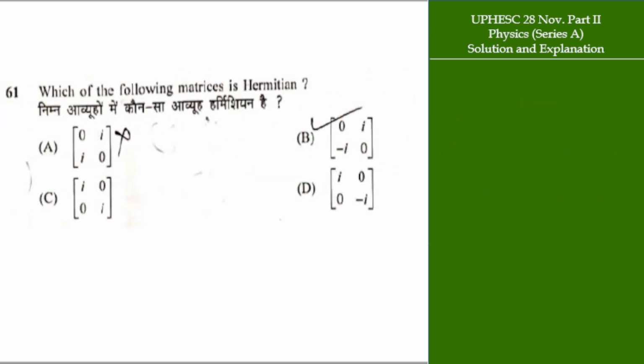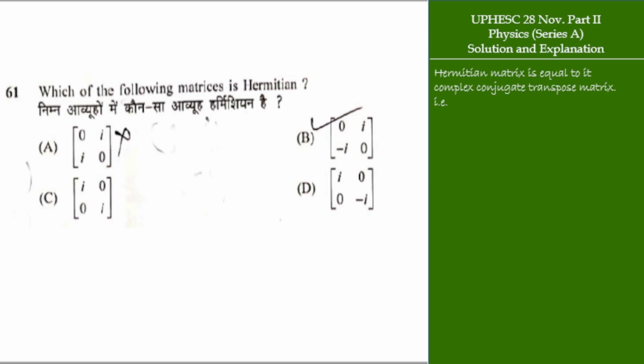Now in question number 61, they have asked which of the following matrices is Hermitian. A Hermitian matrix is equal to its complex conjugate transpose. So what you have to check is: first, transpose the matrix, meaning convert rows into columns, and then find the complex conjugate.